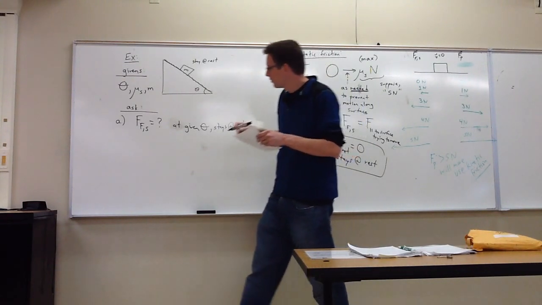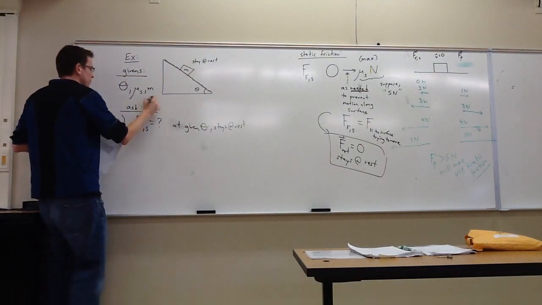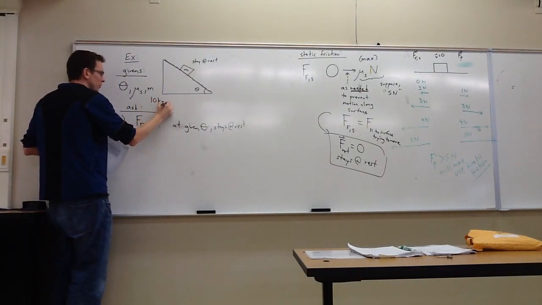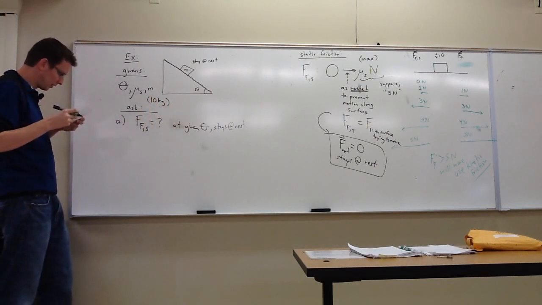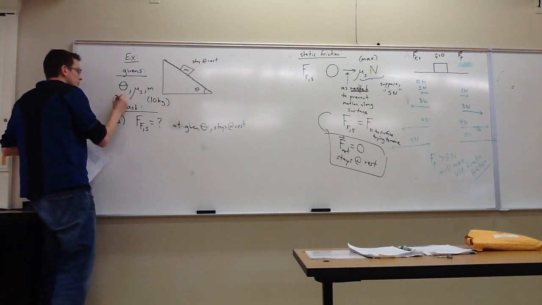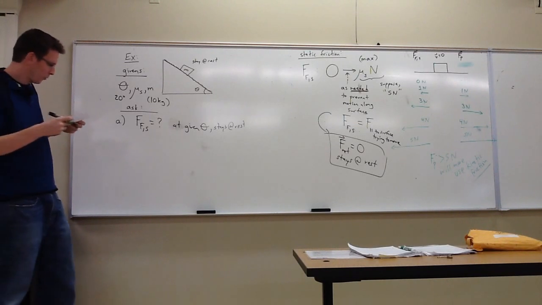For the sake of plugging in numbers, I want to plug in that the mass is 10 kilograms. The theta is going to be, let's make it 20 degrees. And the mu sub s is going to be 0.8.